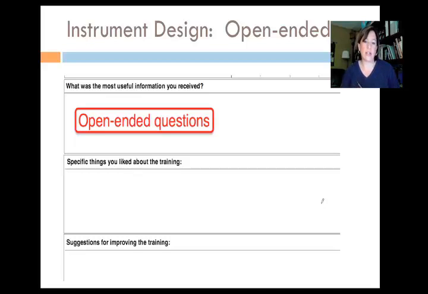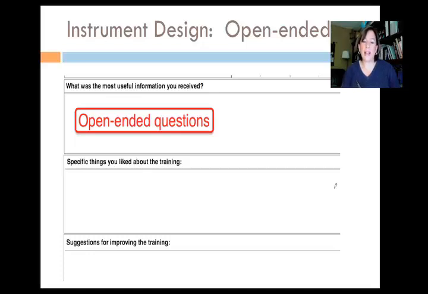The disadvantage of these is that sometimes they can be difficult to interpret. If you have 100 different people taking this survey, you could have 100 different responses that are very different. And that sometimes makes data analysis very difficult because of the coding aspect.